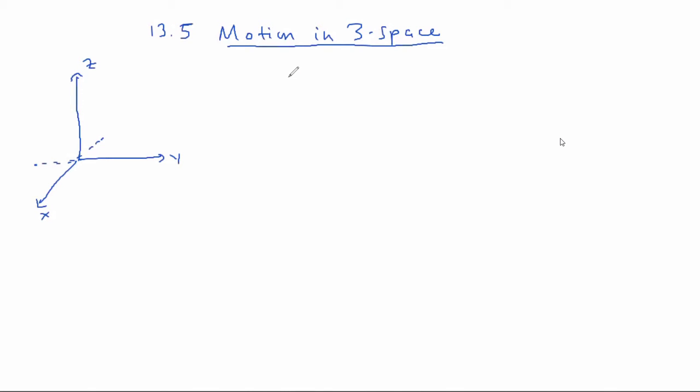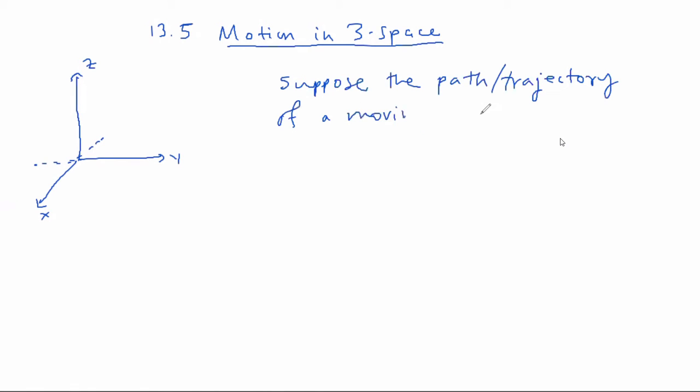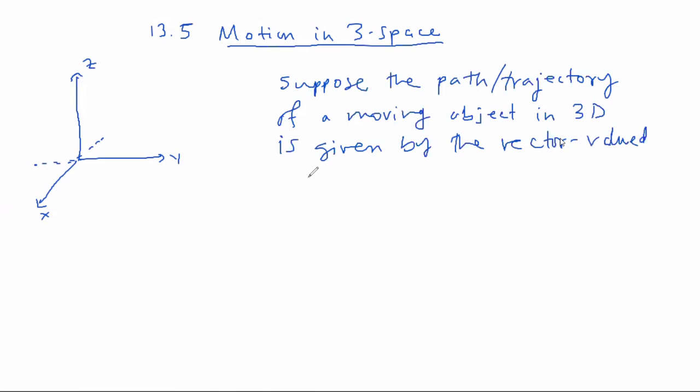So suppose the path or trajectory of a moving object in 3-dimensional space or 3 space is given by the vector valued function r of t.